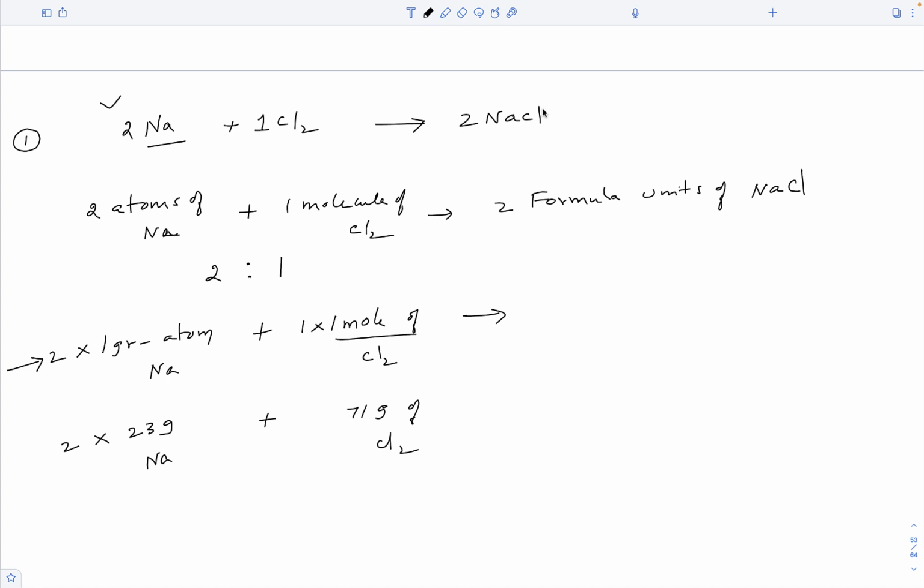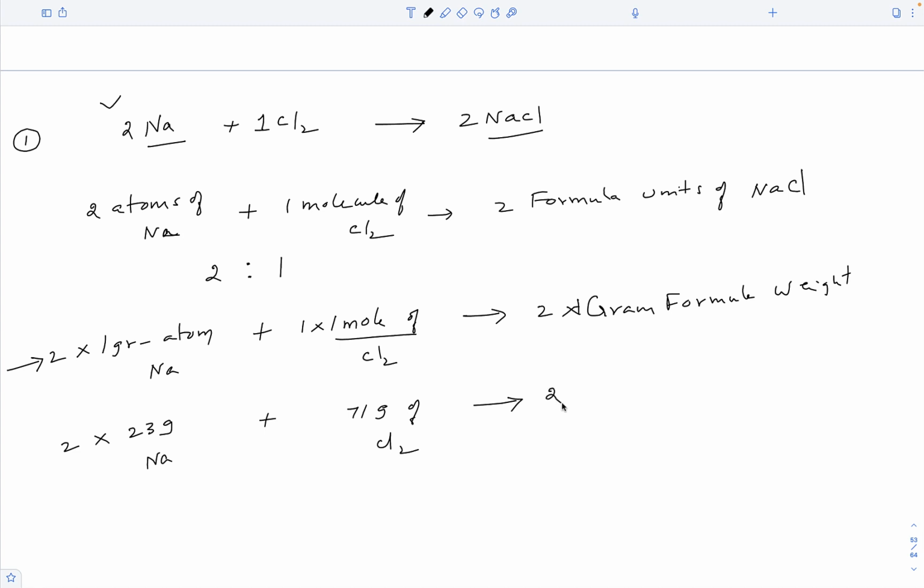Similarly, on this side, NaCl is the formula unit of the ionic compound sodium chloride. So you write gram formula weight. Formula weight of an ionic compound in grams is gram formula weight, and multiply it with its stoichiometric coefficient 2.